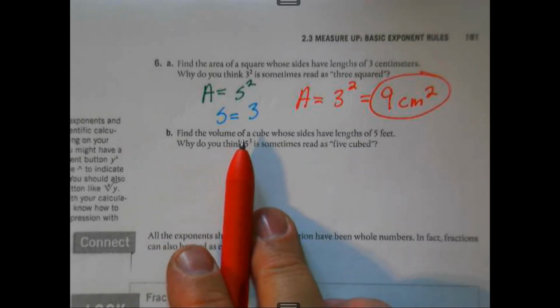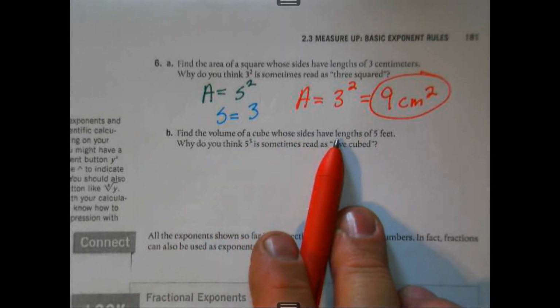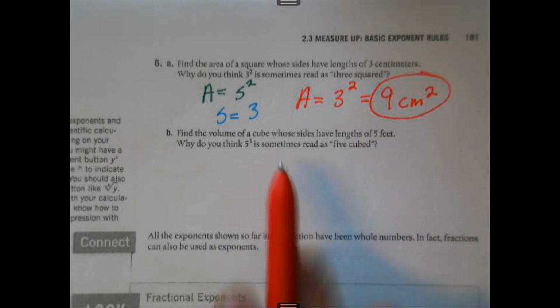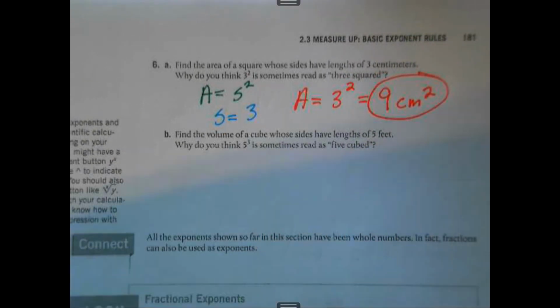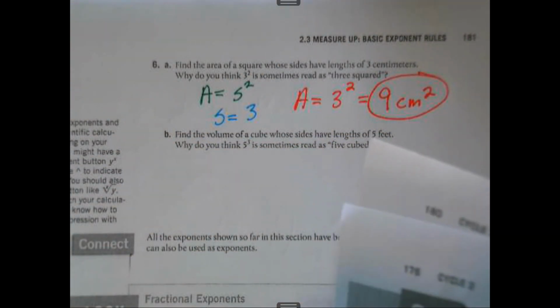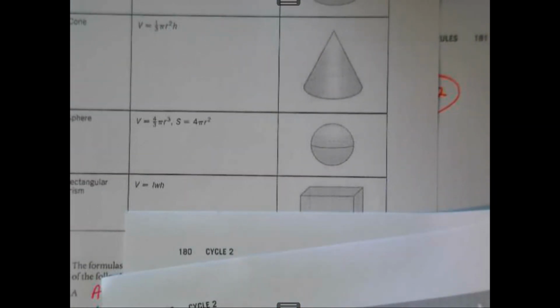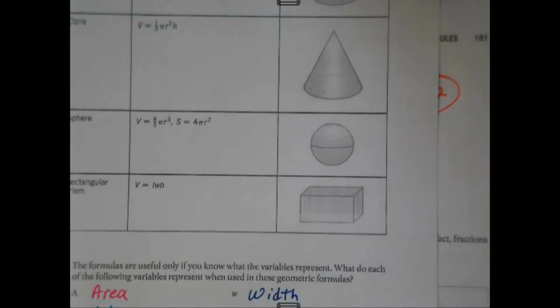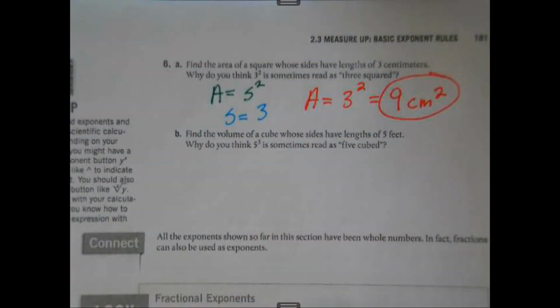B, find the volume of a cube whose sides have lengths of 5 feet. Now, volume of a rectangular prism is length times width times height, and we know that a cube is going to be all the length equals the width, which equals the height, so it's just going to be the side cubed.